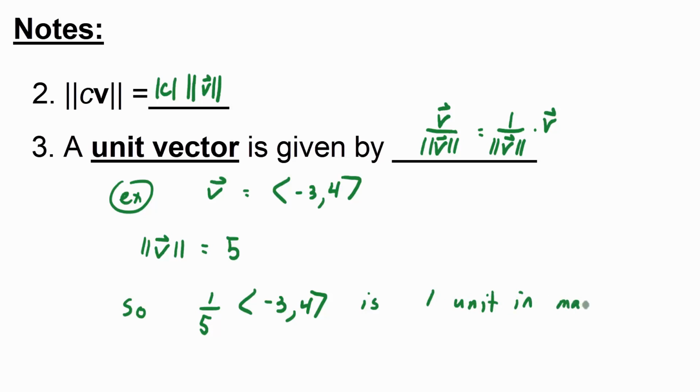Do you believe that? That's what the note says. Would that be easy enough to prove? Yeah, it would, because if we actually do the scalar multiplication, what components do we get? -3/5 and 4/5, right?